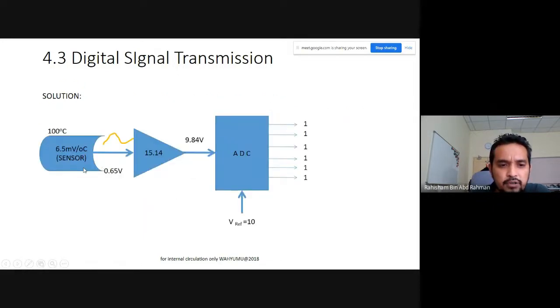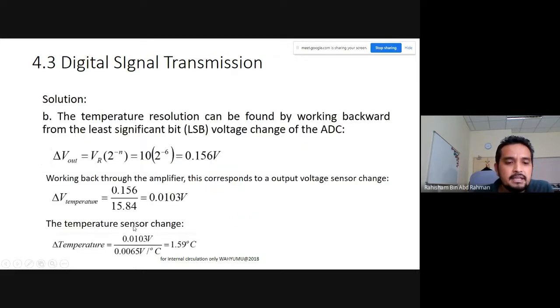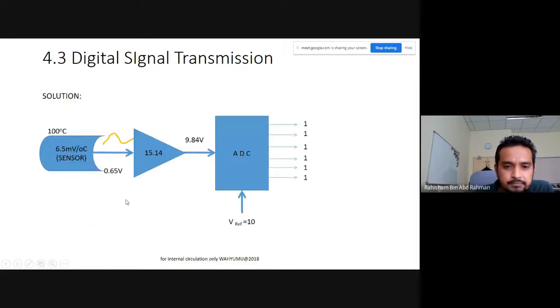The output of the sensor is 0.65, but the ADC is unable to read this value. So we use the amplifier to amplify it to obtain a certain value here, so that it becomes readable. So how to calculate the amplifier gain? The amplifier gain is very simple.